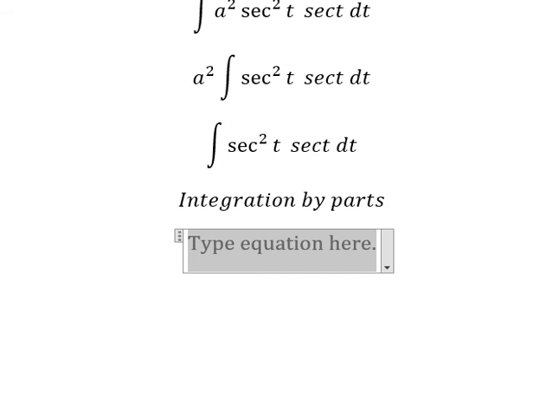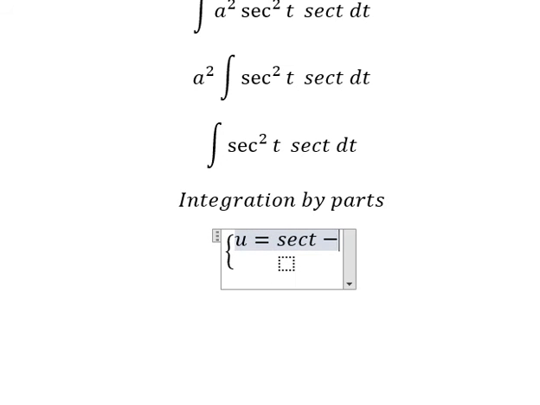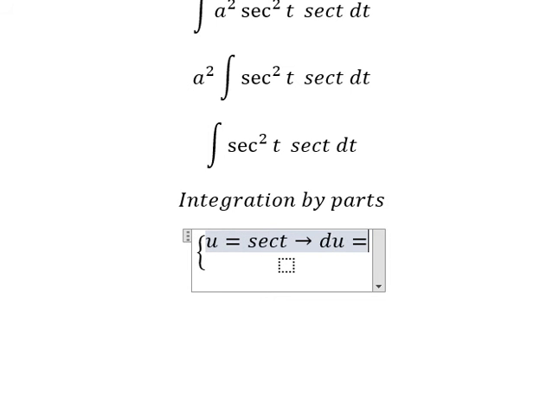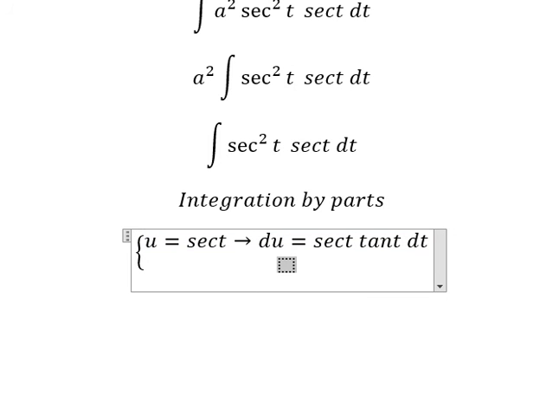So I will put u equal to secant of t. If we do first the derivative for both sides, you got du equals to secant of t tan t dt. dv we have secant of t square dt.